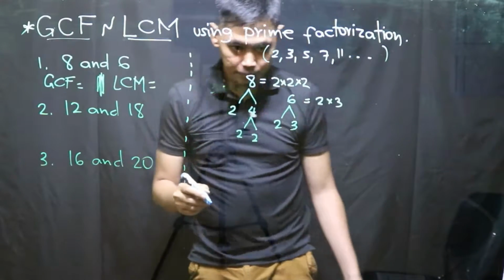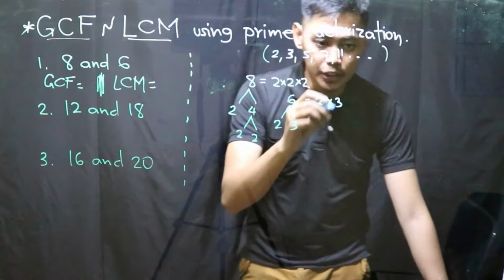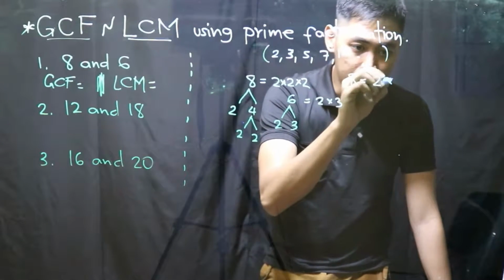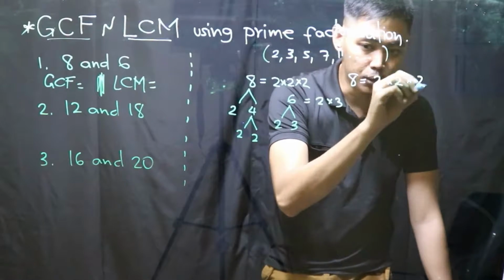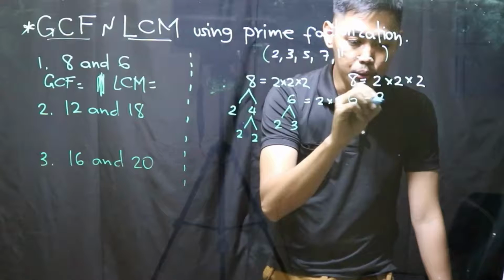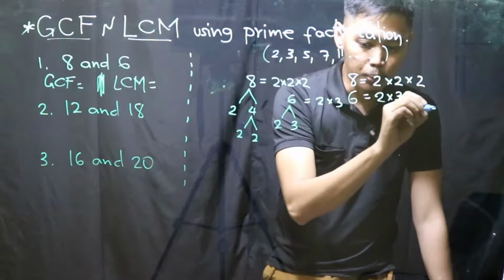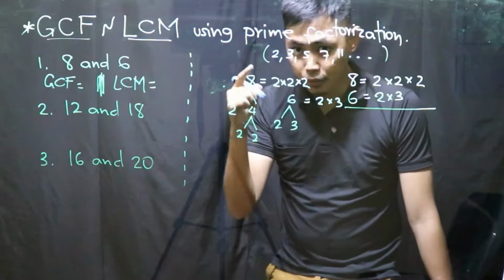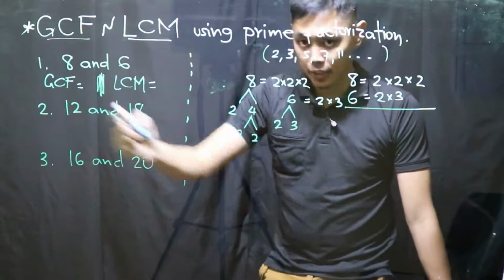So, the prime factorization of 8 is 2 times 2 times 2. The prime factorization of 6 is equal to 2 times 3. Put a line below them, and then we will need first to find the greatest common factor.